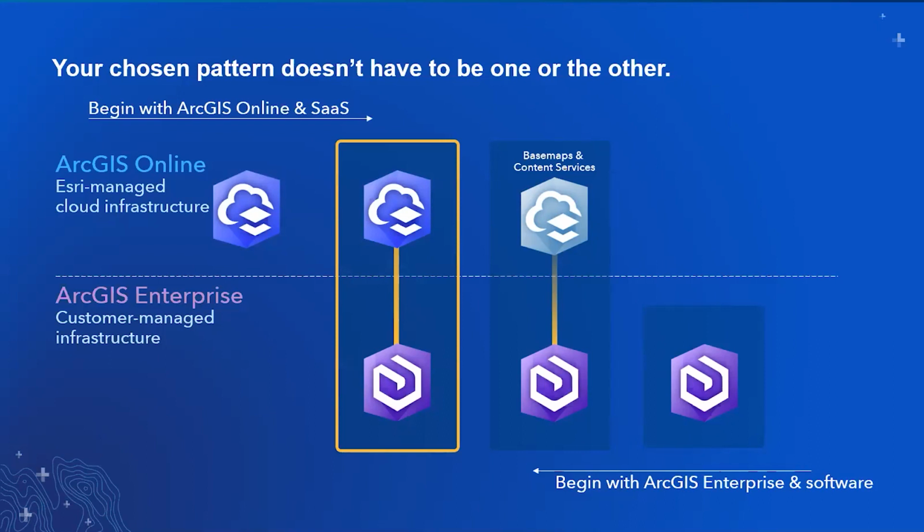So you have access to all of that content and information in ArcGIS Online, bring it in, and work with it in your ArcGIS Enterprise on your own servers without having to open up your ArcGIS Enterprise to the public. I like to talk about ArcGIS Online as what's on the internet versus your ArcGIS Enterprise, which is on your intranet.